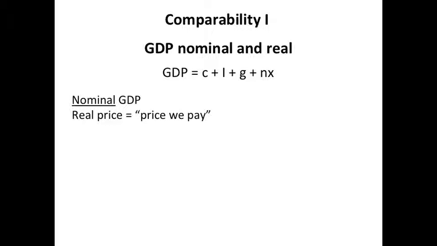Now, it is difficult with this measurement to say what it says in terms of economic activities. Because if you look purely at the figure, it's clear, GDP is rising. We have an increase of economic activity if we look at the nominal price.